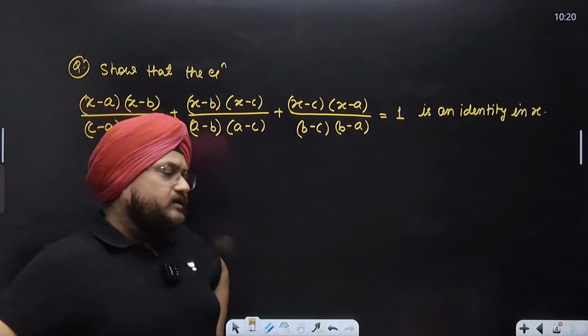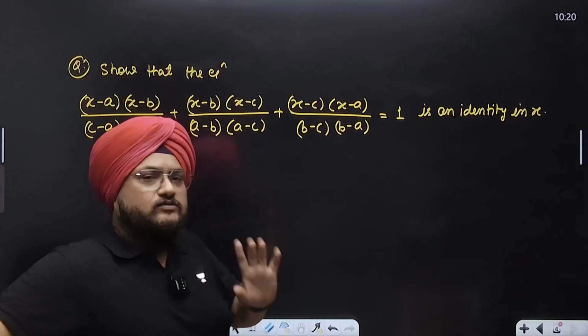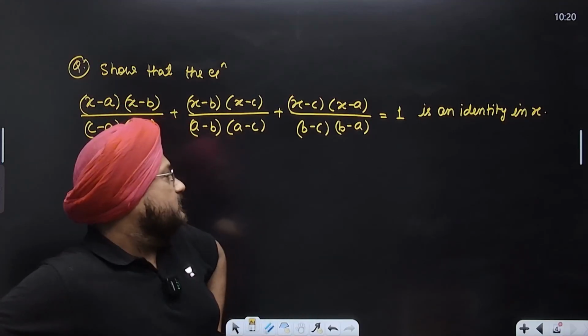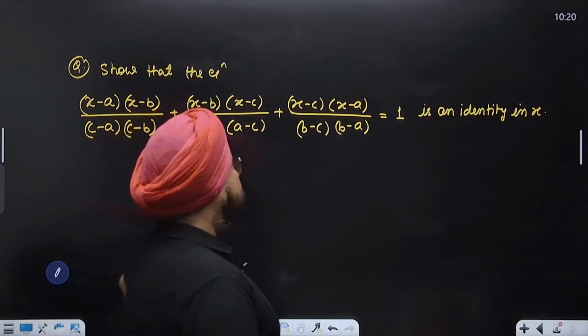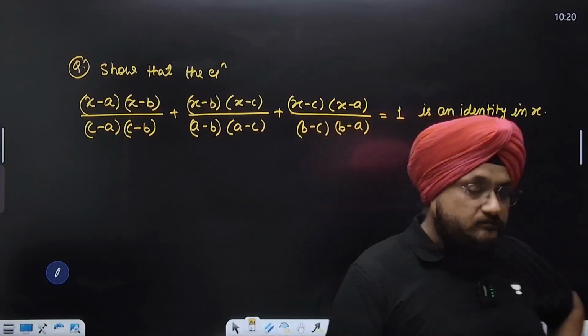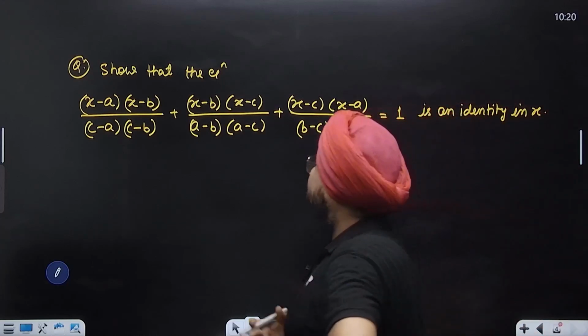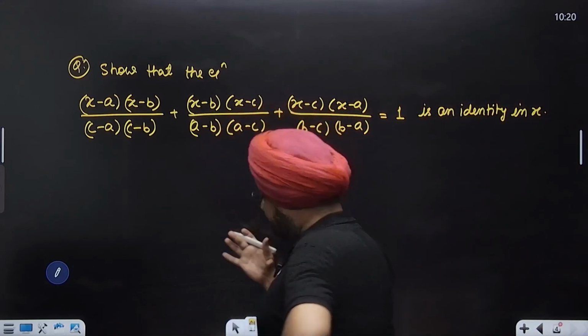See, you can pause the recording and try to solve this problem. So I am starting, I am solving this. So we have to prove that this equation is an identity in x.